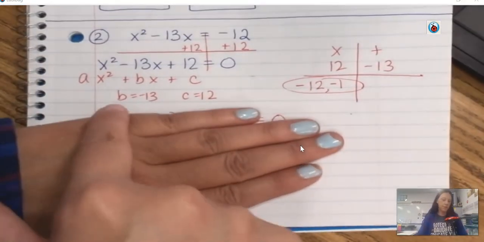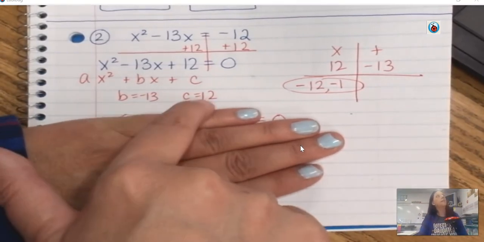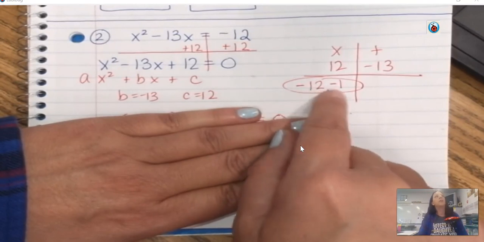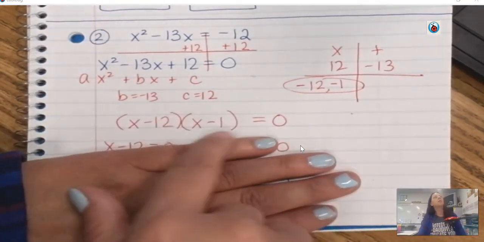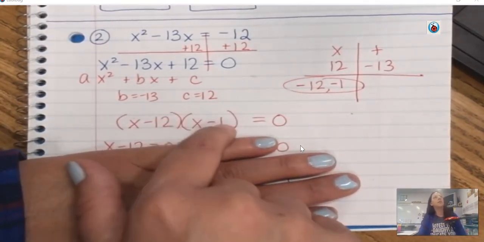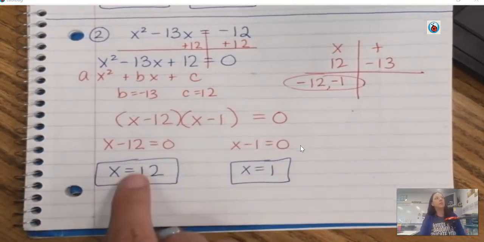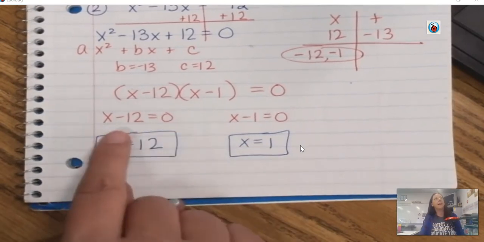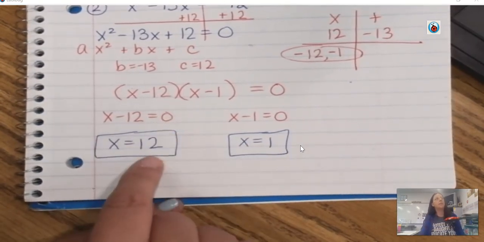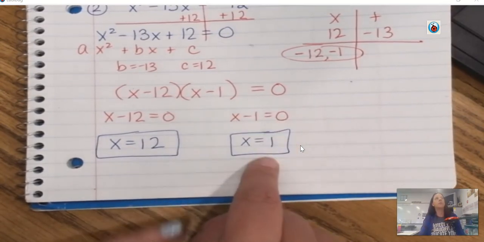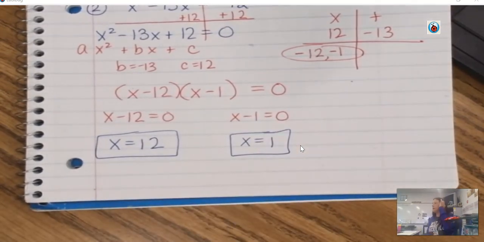So first, I figured out b is -13 and c is +12. So the two factors were -12 and -1. So the factors here needed to be x minus 12 and x minus 1. And then to solve those, I set them equal to 0. This step I did in my head, but I added 12, so x is 12. And then I added 1, x is 1. How many people got that one right?